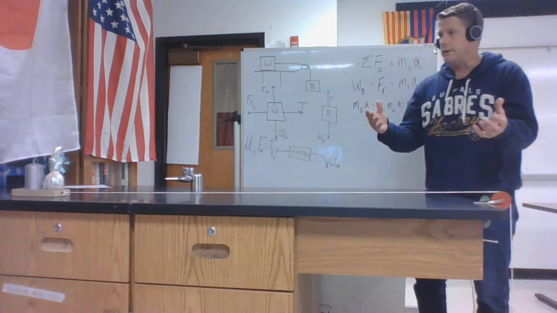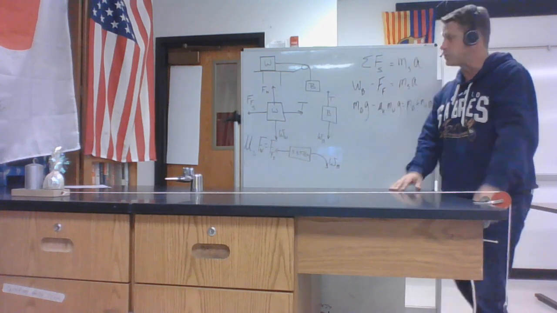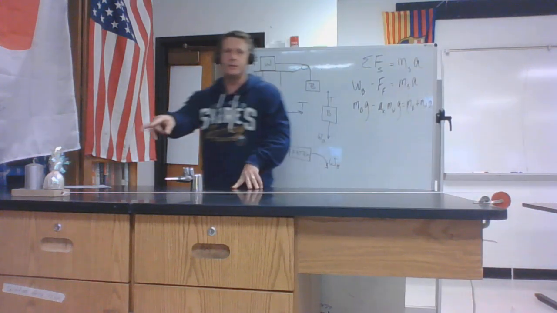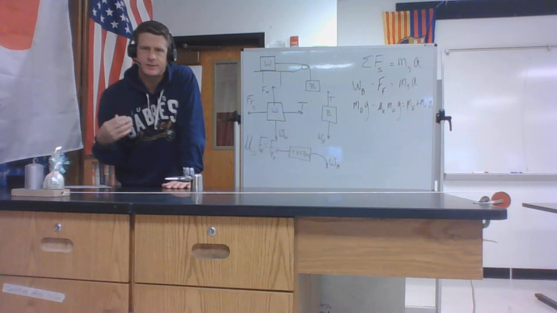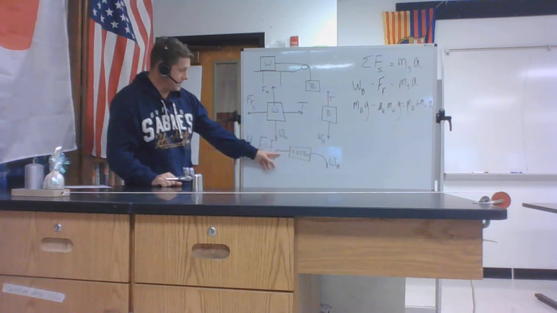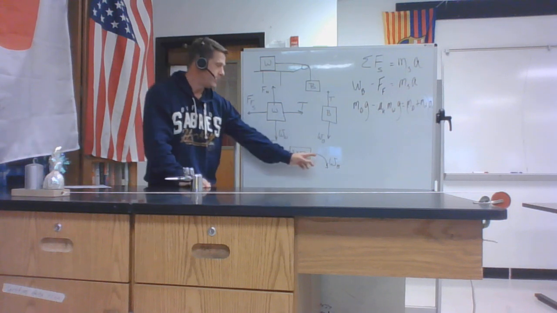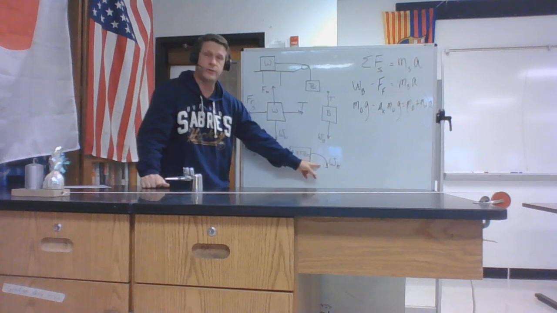We can throw this out of equilibrium by increasing this weight, which is what we did before, or in this particular case, we've got the ability to decrease this. So watch what happens when I take this big silver thing off. Again, this is currently equal to this. I can throw this out of equilibrium by increasing this or decreasing this. You've already seen me increase this.